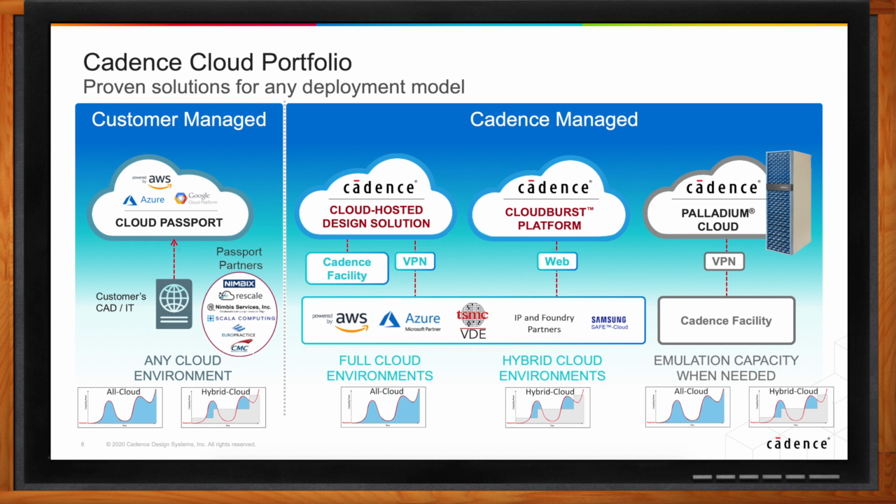And then a new type of solution, which we really haven't talked about yet, is what do you do about hardware emulation? And we'll talk a little bit more about how that can play a role, why the cloud angle is important here. And our customers can have an all cloud environment or they can have a hybrid cloud environment there as well. I think at a high level, that's a description of where we can go, and it might make sense to dig into each of these in just a little bit more detail.